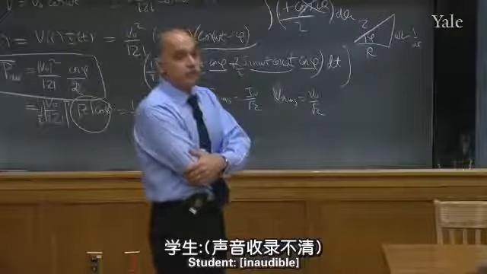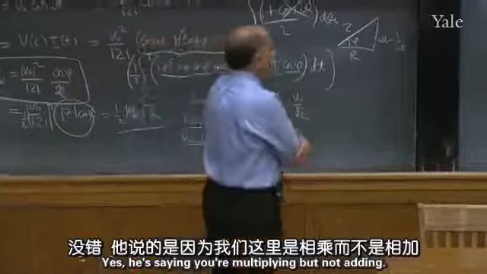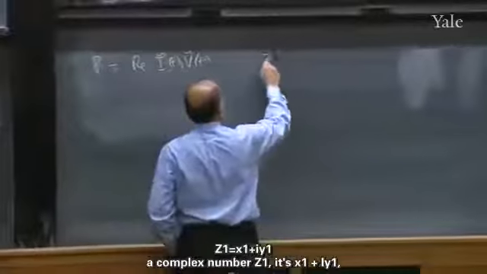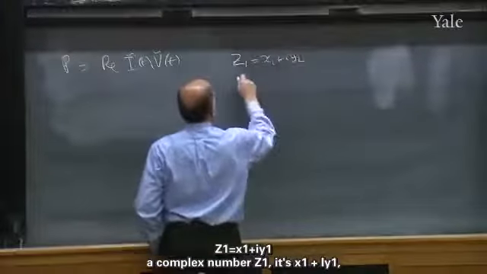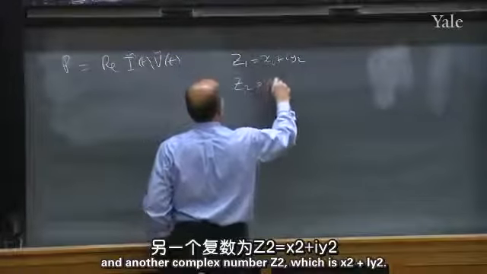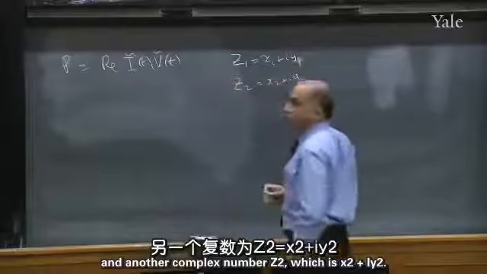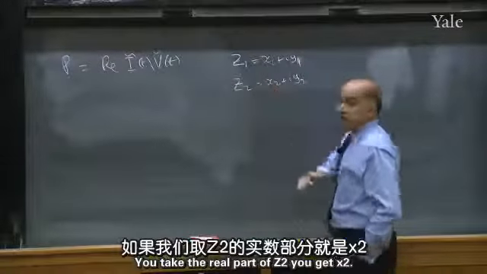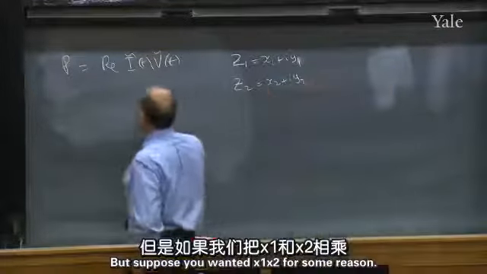Yes, he's saying you're multiplying but not adding. So let me say the following. Suppose you had a complex number z1, which is x1 plus i y1, and another complex number z2, which is x2 plus i y2. If you take the real part of z1, you get x1. You take the real part of z2, you get x2. But suppose you wanted x1 x2 for some reason.